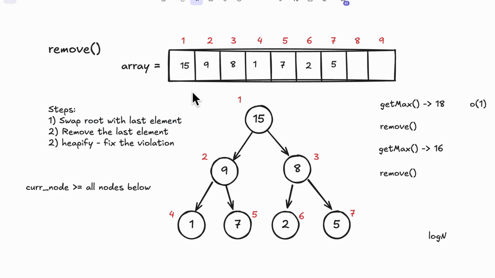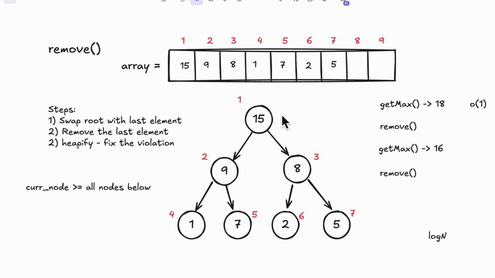See, what is the maximum node in these three nodes? The maximum node is 15. And what is the index of that maximum node? 1. So do I need to swap this 1 with 1?